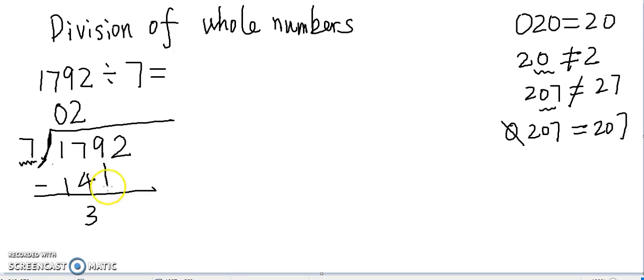So now let's move down the next number 9, and we repeat the process to check how many times 7 goes into 39. We can try 4 7s is 28, 5 7s is 35, but 6 7s you get 42, so you can put 5 at the most.